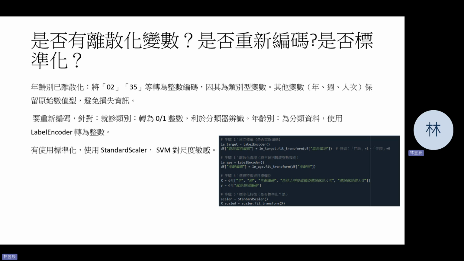And recode for medical treatment category: convert to 0/1 integer to facilitate classifier recognition. Other categorical data use label encoder to convert to integer, and standardization is done using StandardScaler. SVM is sensitive to scale.